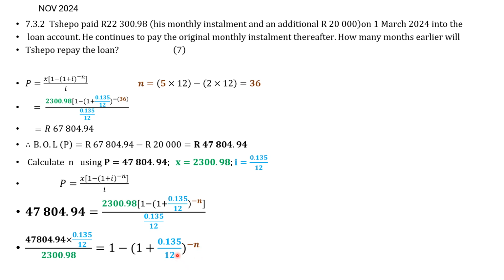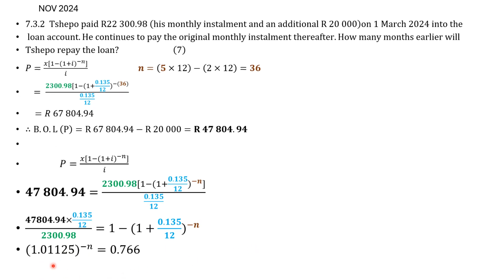If I take this over, that becomes positive 1 plus 0,135 over 12 to the negative n, and this becomes 1 minus whatever I have here. Simplify it: I get 1 minus 1,01125 to the negative n, and that gives me 0,766.